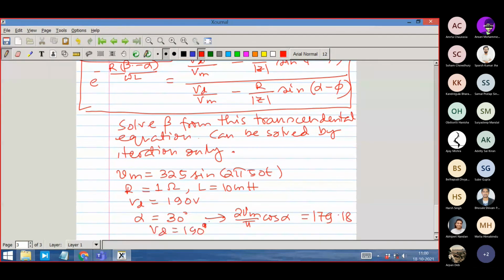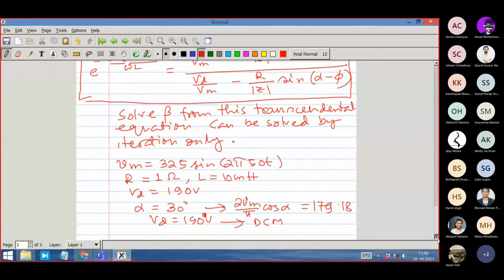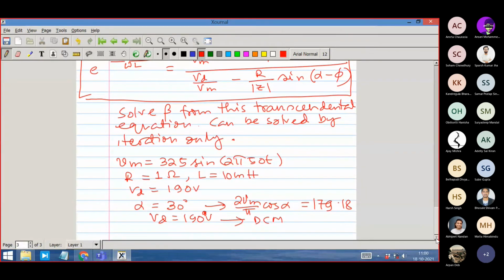Second conclusion is further interesting. I said that it will start conducting at alpha. But look at it very carefully. At alpha, it cannot conduct. Because what is the value of the sine wave at alpha? That is Vm sine alpha. Sine 30 into 325 is 162.5 volt, which is less than 190 volt.